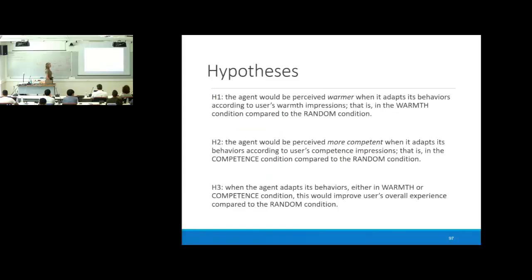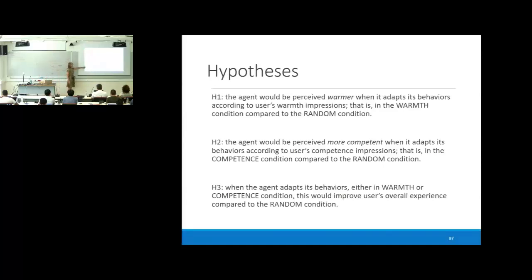The first hypothesis is that the agent would be perceived as warmer when it adapts its behaviors according to users' warmth impression. That is, the warmth condition is better than the compared conditions. We have the same for competence.